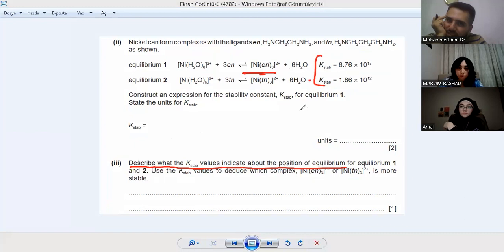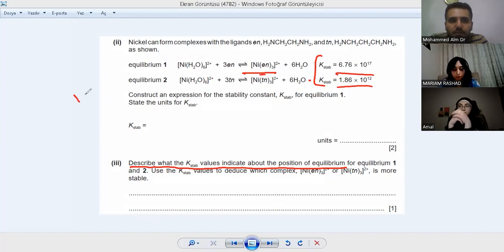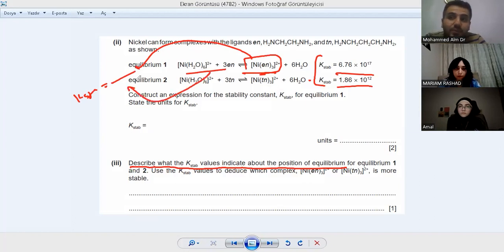So the equilibrium shifts more to the right, okay? Because guys, look, all of these numbers are large numbers. And in Kstab, we divide what? The concentration of product over reactant. That's why when we get a large number, that means we have a high concentration of product.